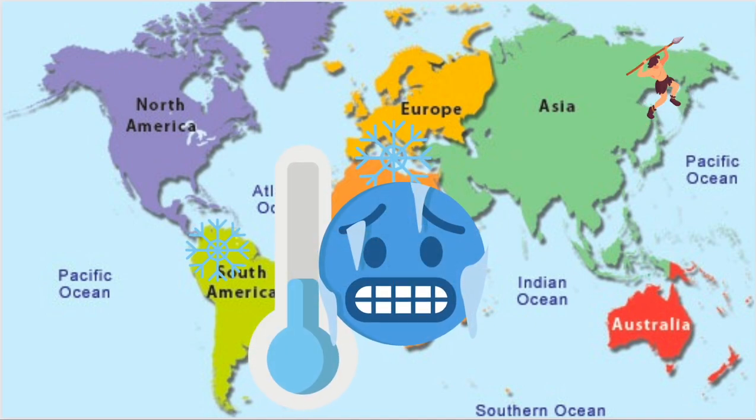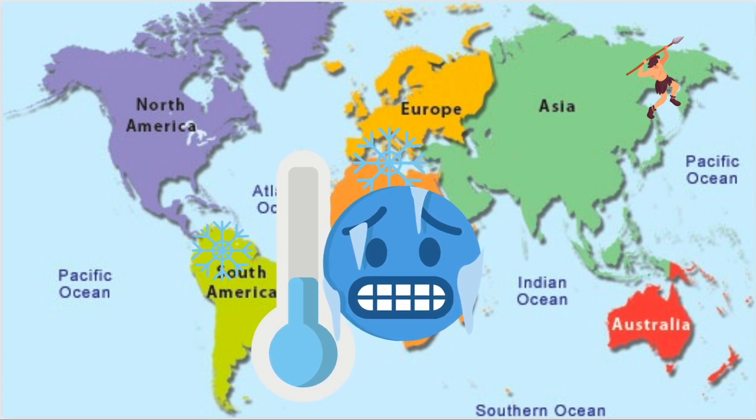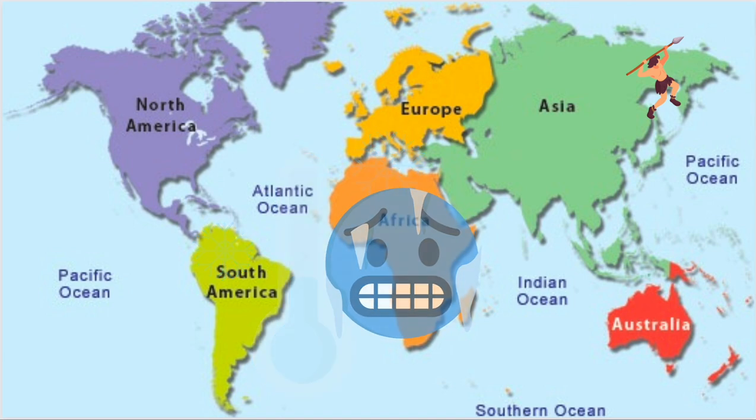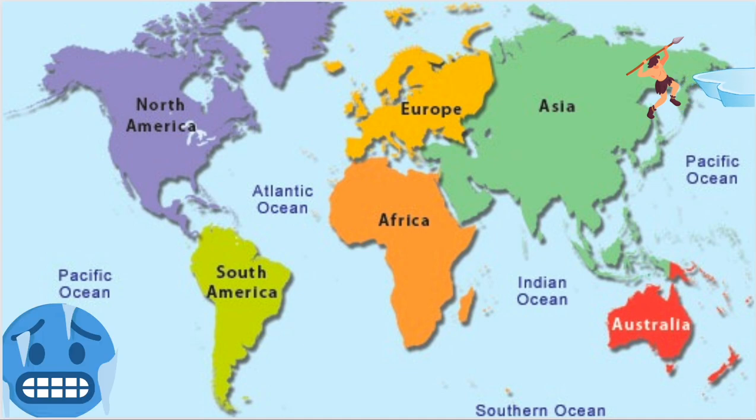That is up until an ice age occurs, where the temperature of the planet gets a lot colder, which causes the top part of the Earth to freeze. This creates a bridge of ice that people can walk across.